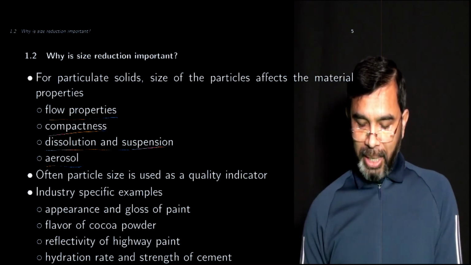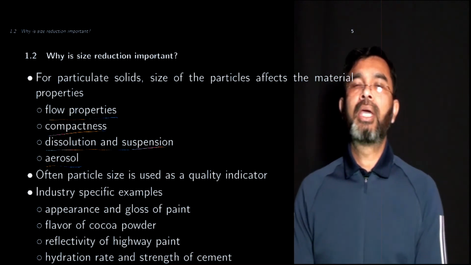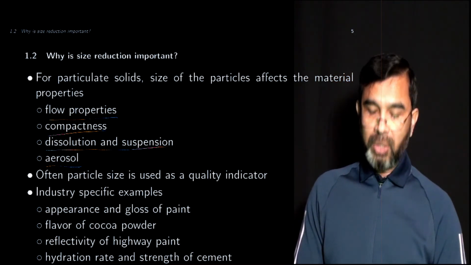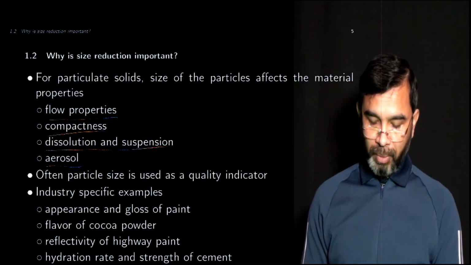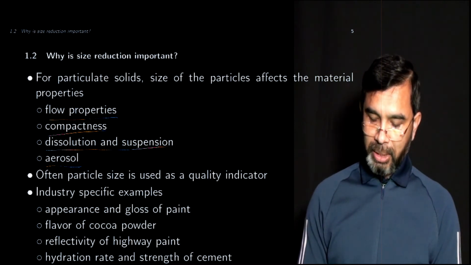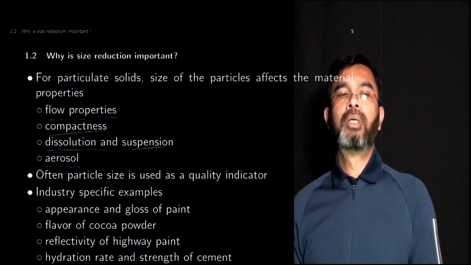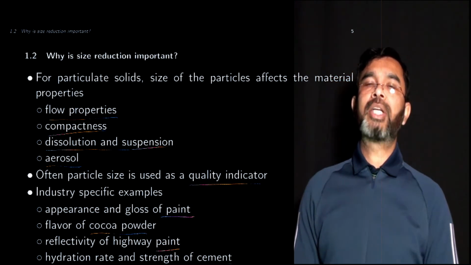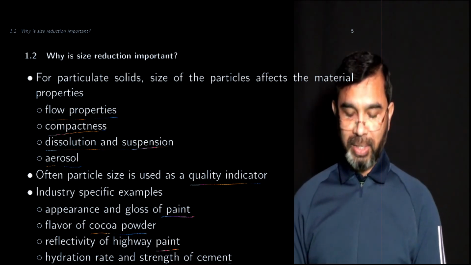Again, for the paint industry, when you're using reflective paint on the highway, if the particles are not of a particular size, it will not show its design property. Also, hydration rate or the strength of the cement depends on the size of the particles. So to obtain some quality of a material, you need to have the proper particle sizes.